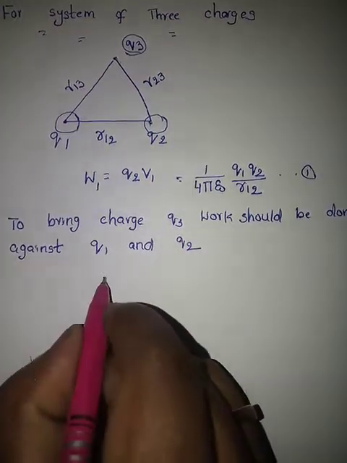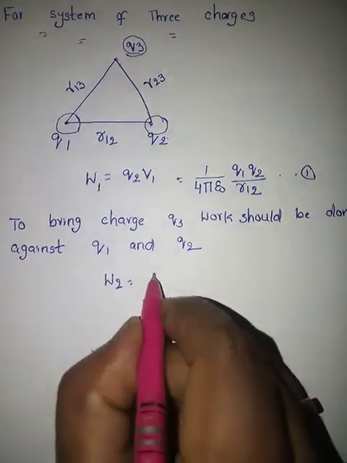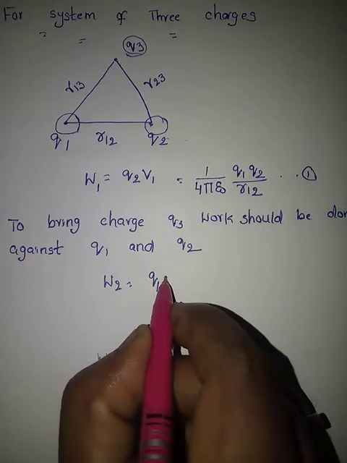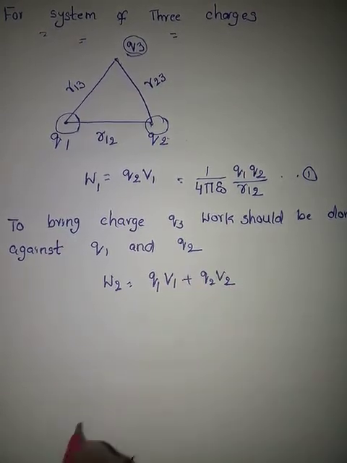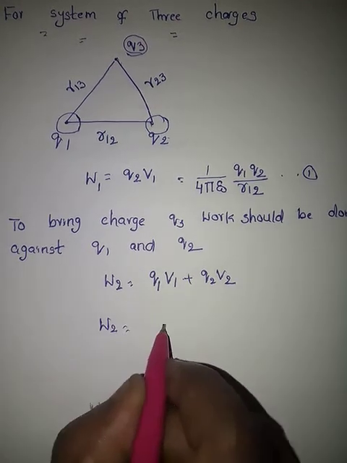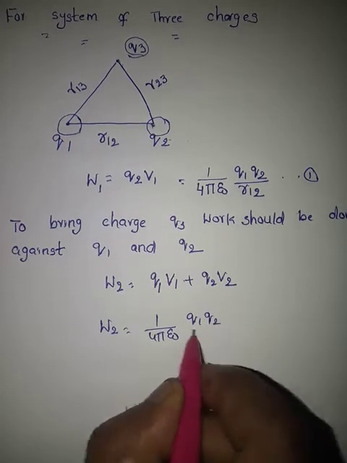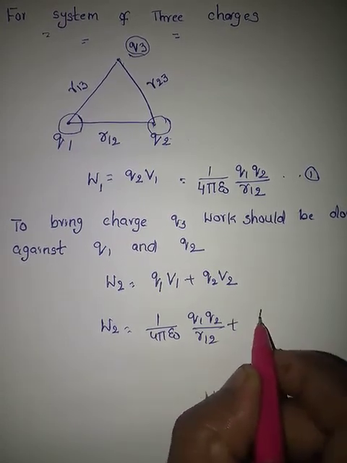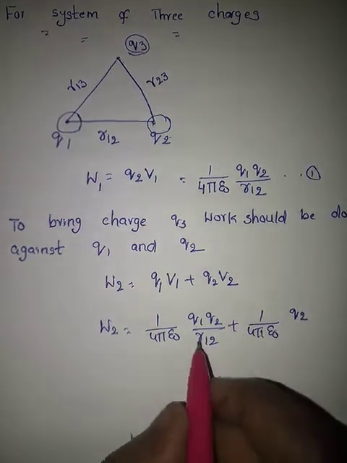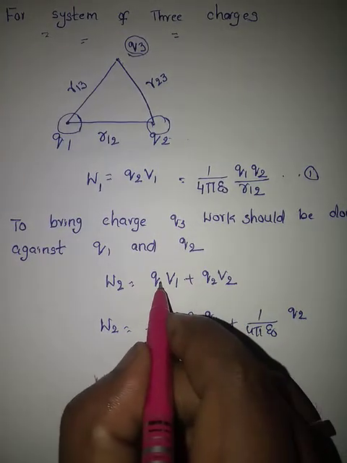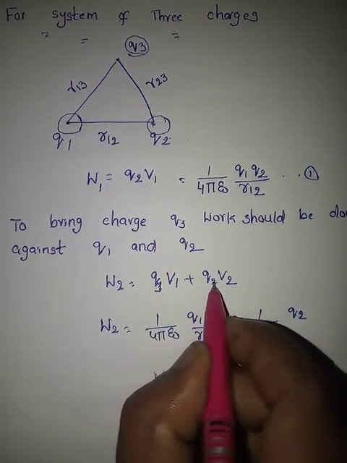So W2 is equal to the work done against Q1 and Q2, so Q1 into V1 plus Q2 into V2. So W2 is equal to 1 by 4 pi epsilon naught Q1 Q2 by R12 plus 1 by 4 pi epsilon naught Q3 into V1, Q3 into V2.